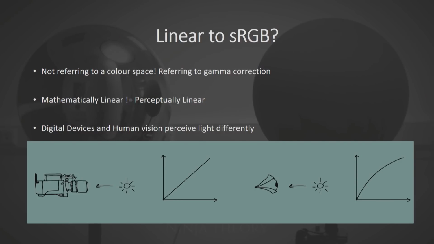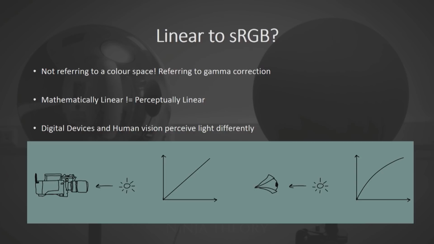The reason we have this gamma correction, the linear sRGB stuff, is because digital cameras and digital display devices react to light differently to us. They can count photons linearly, whereas we as humans perceive light with a non-linear curve, which essentially means midtones tend to be a bit more raised.